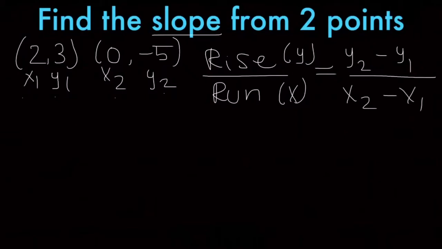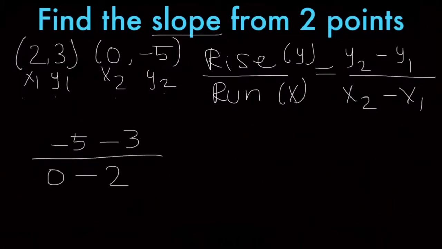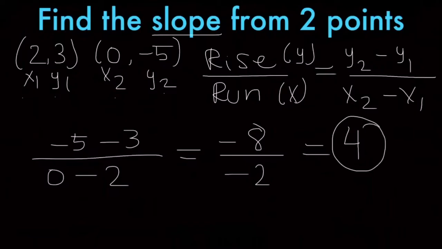And now we'll just fill in the equation with our numbers. So y2 here is -5 minus y1, which is 3, over the run x2, 0, minus x1, which is 2. So here's -8 over -2, which simplifies to 4. So the slope of this equation is 4.